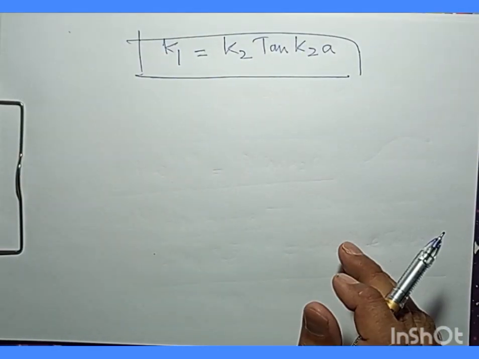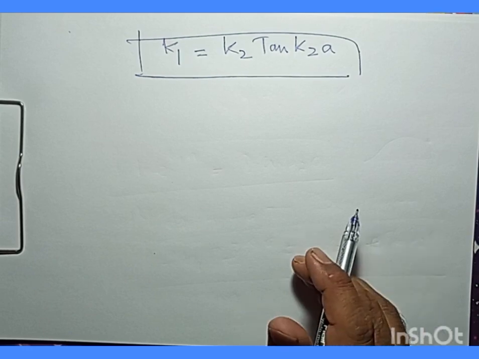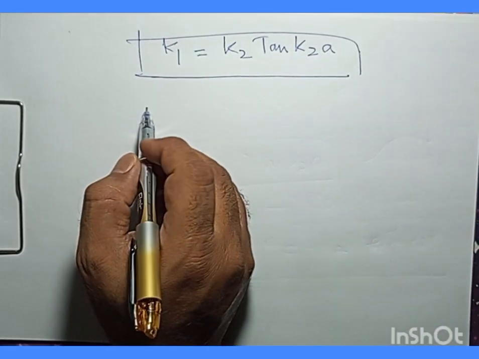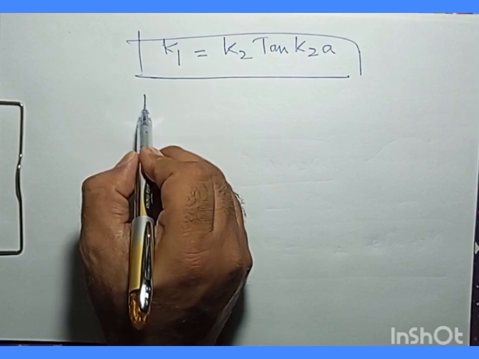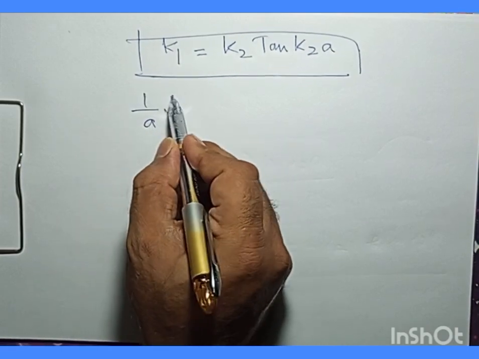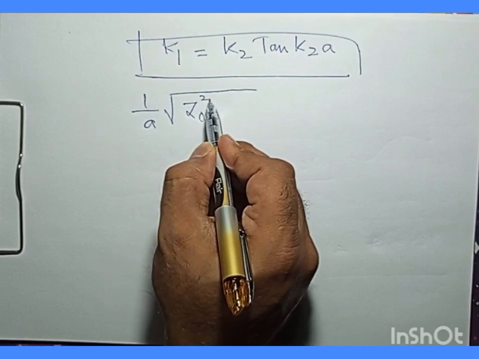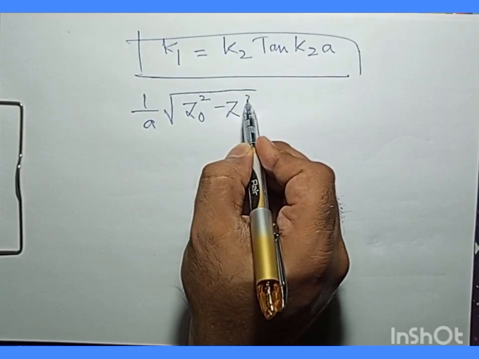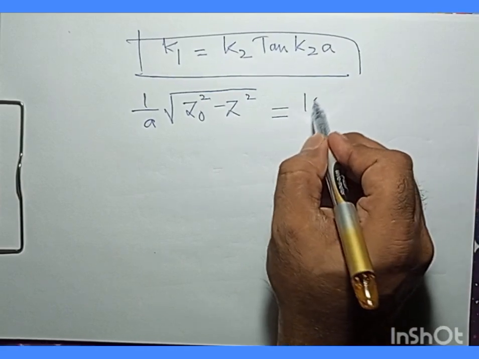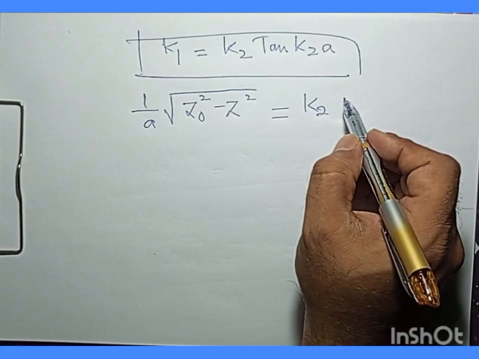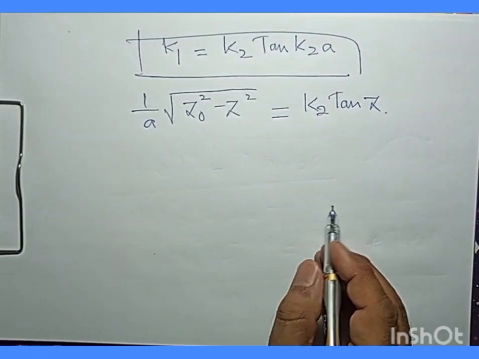Moving on from here, I choose 1 by a under root of z naught square minus z square as the function of k2 tan of z. How is this possible?